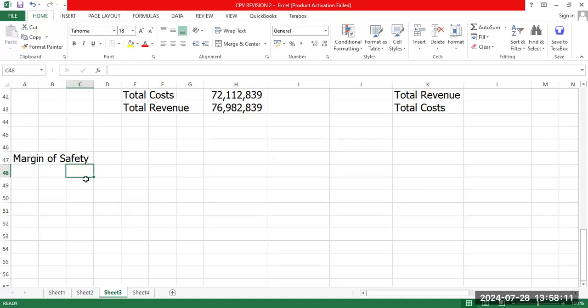Record the formula. It can be margin of safety in units, or it can be margin of safety in shillings.